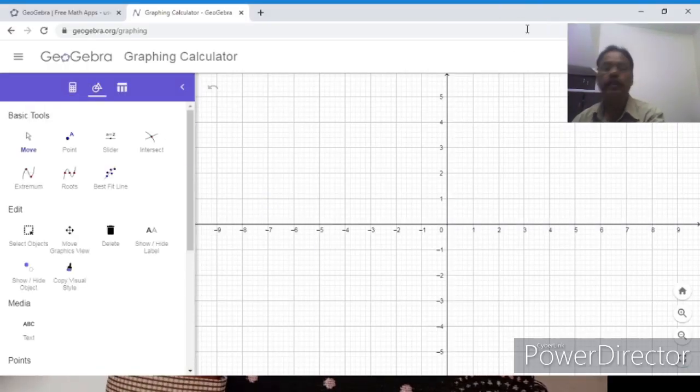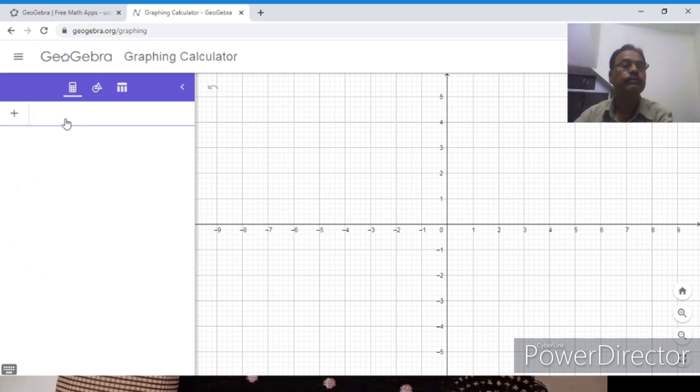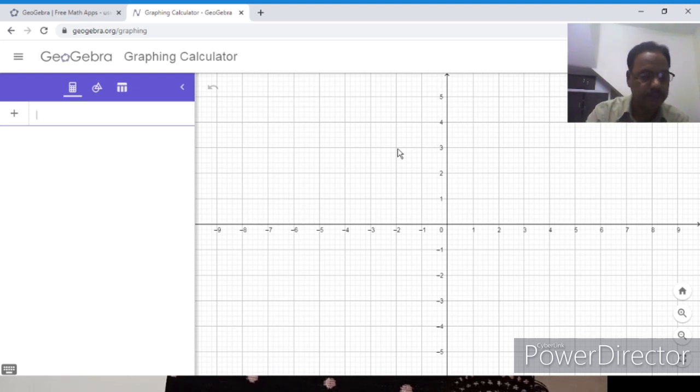By plotting it, we are coming on GeoGebra. So these points: 3, 5; -4, 2; C -3, -5; and 6, -3. First, 3, 5 is in the first quadrant, so I am plotting the point 3, 5.